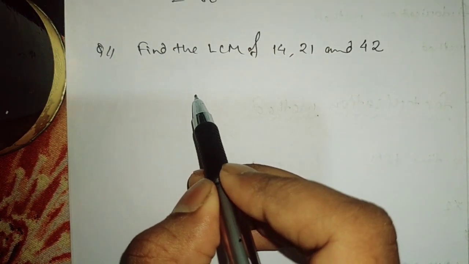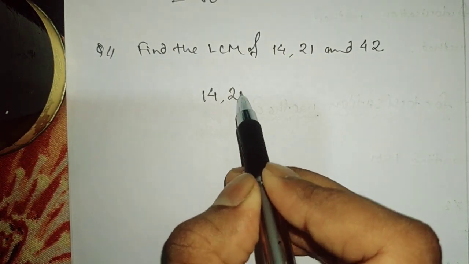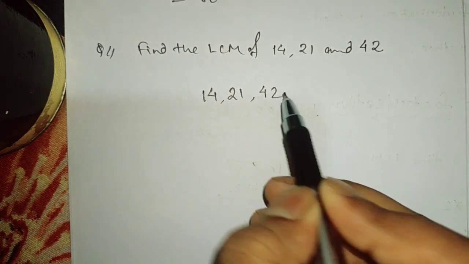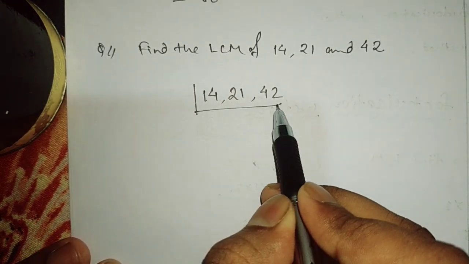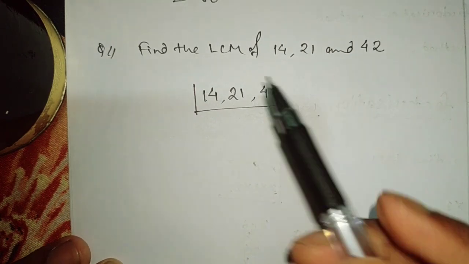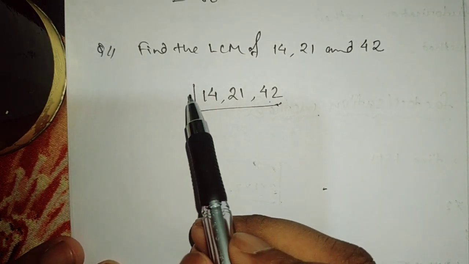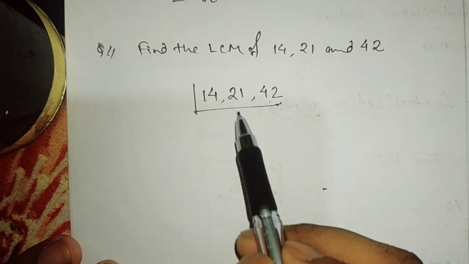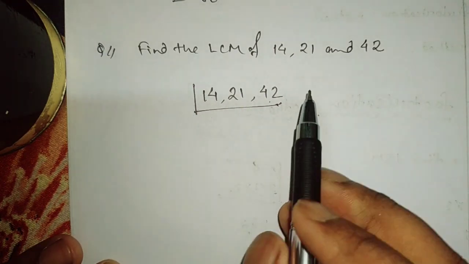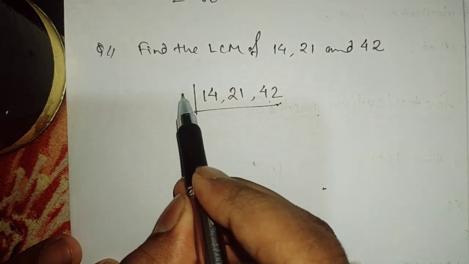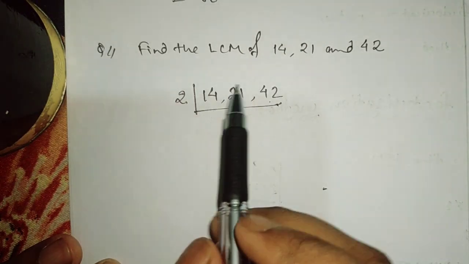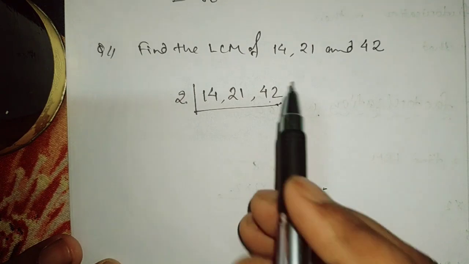So we will write 14, 21 and 42 like this, and we will start our short division. Clearly we can see that 14 and 42 will be divisible by 2, but 21 will not be divisible by 2, so let's not worry about that. We'll start with 2, as long as we have at least two numbers which are divisible.